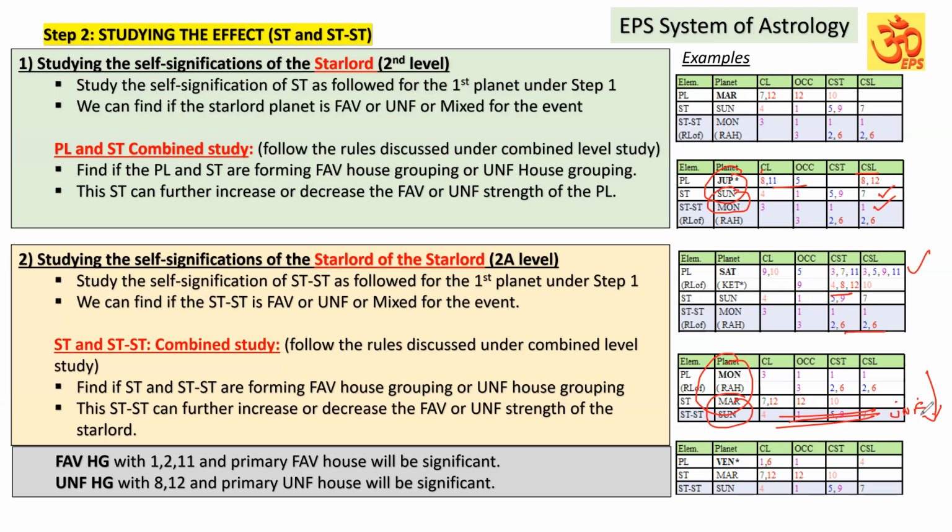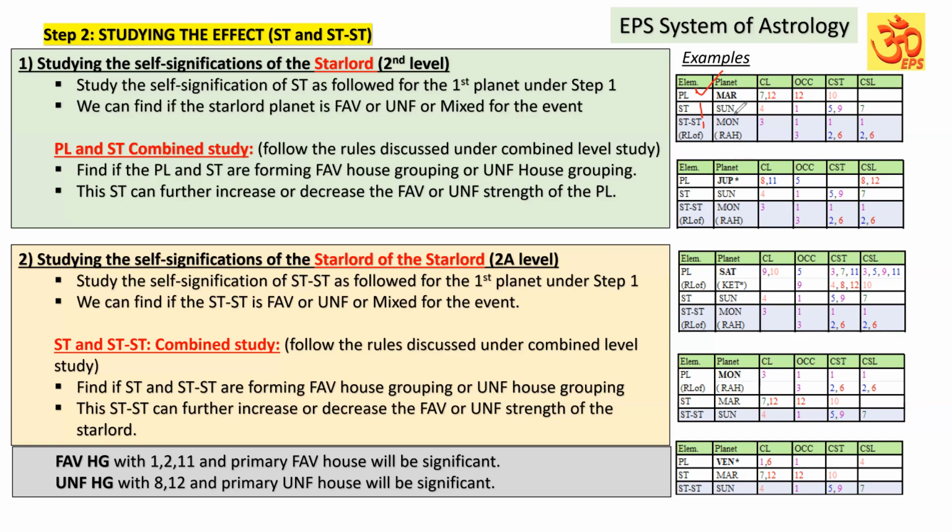That way, we have to study each planet's second. We are checking the Starlord signification and Starlord of the Starlord signification and the combined level of planet and Starlord and Starlord of the Starlord. That way, when we study what planet is signifying in self, that is being further supported by the Starlord and further supported by the Starlord of the Starlord.